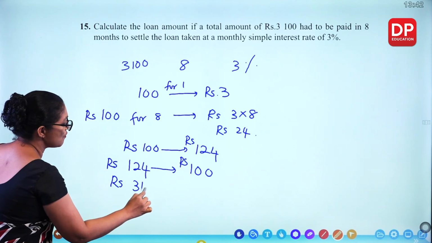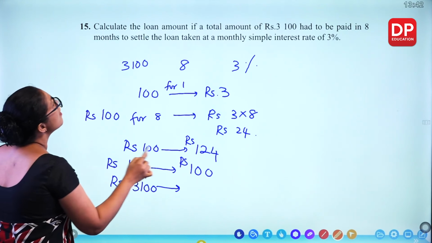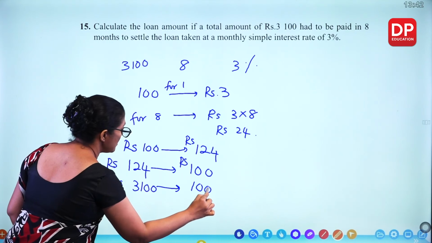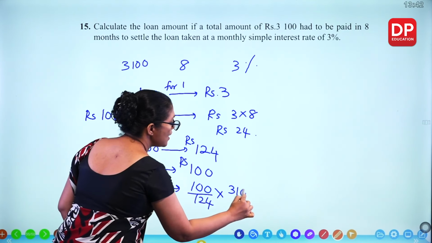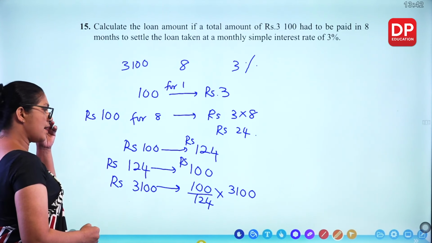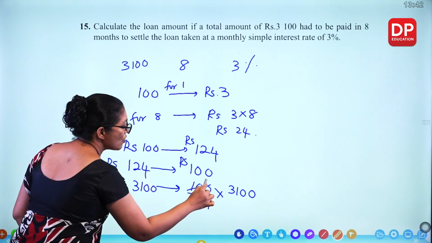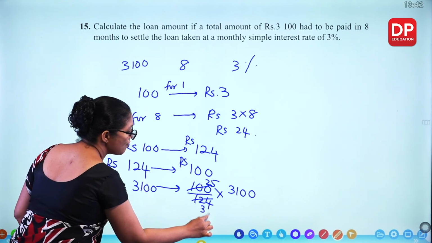For 3,100, what's the amount that you have to borrow? 100 divided by 124 multiplied by 3,100. So simplify this. Divide by 4: 25, and 4 times 3 and 4 times 1.